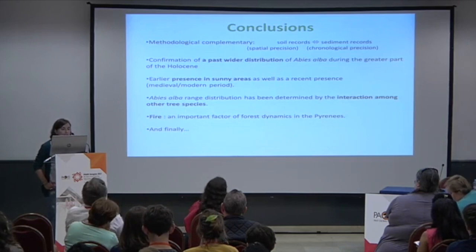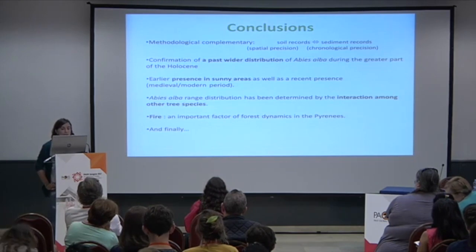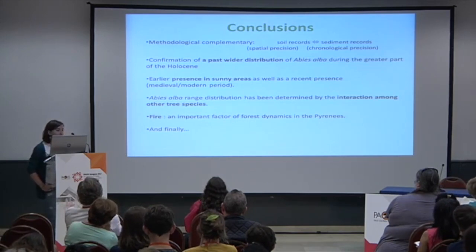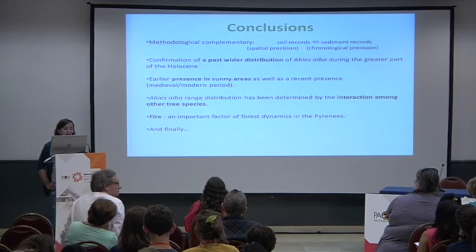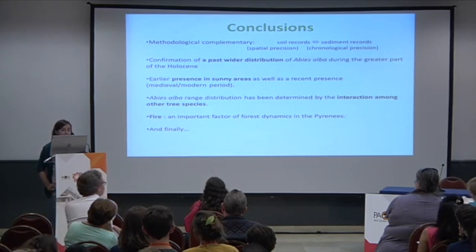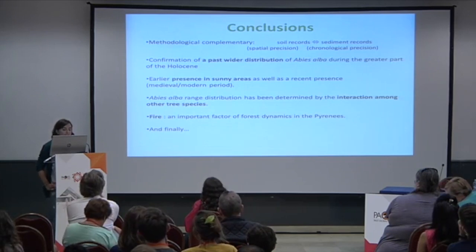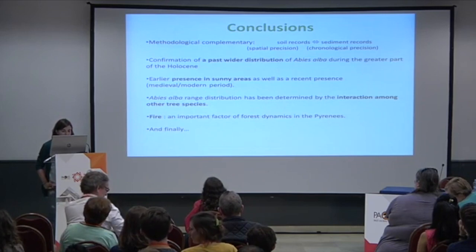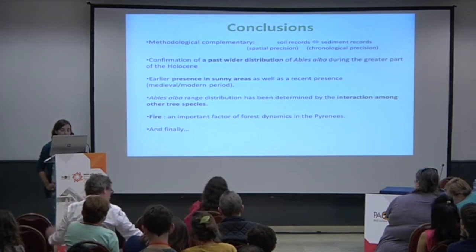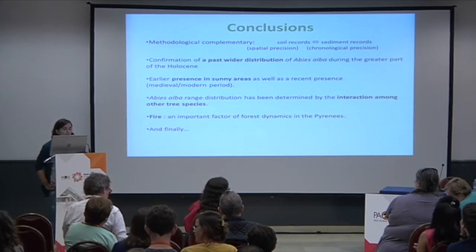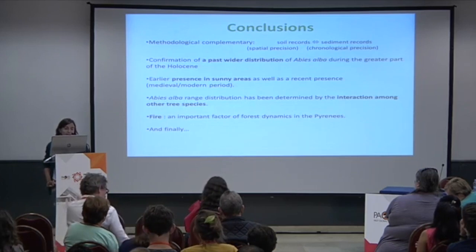So, the conclusions: we can assume the methodological complementarity of soil records and sedimentary records, after the confirmation of a past wider distribution of Abies during the greater part of the Holocene. Next, the early presences in sunny areas at the same time as a recent presence around medieval and modern periods. Also, the Abies alba range distribution has been determined by the interactions among the other 3 species.